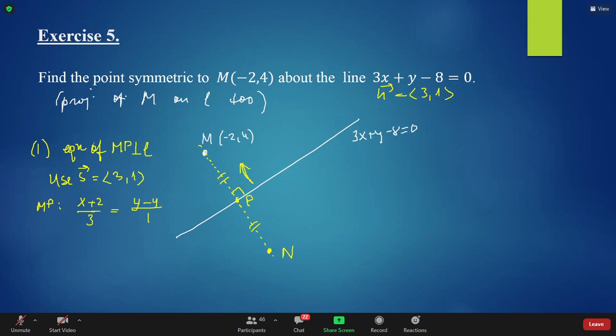But in fact, I would prefer to write this in the parametric form. So x is, remember, if this is the parameter t, then actually I have -2 plus 3t. Remember, x0 plus t times m, y0 plus t times n, which we didn't have probably, but I can rewrite it in this form.